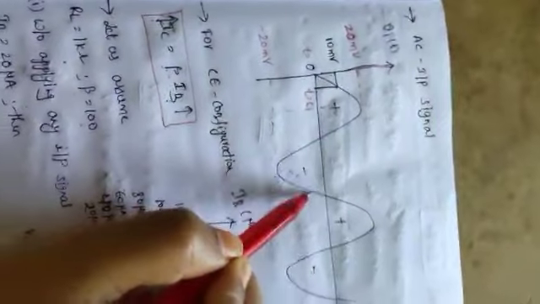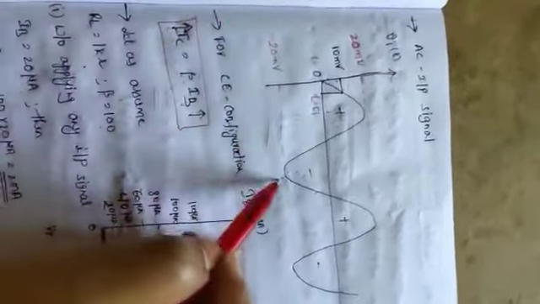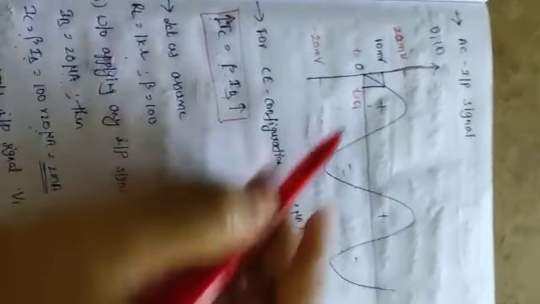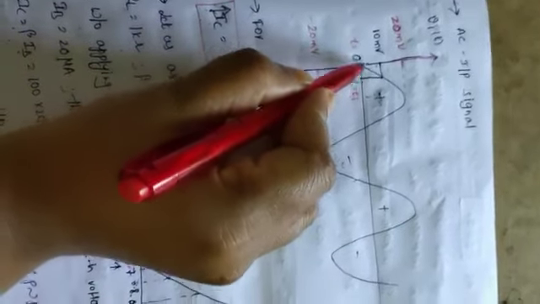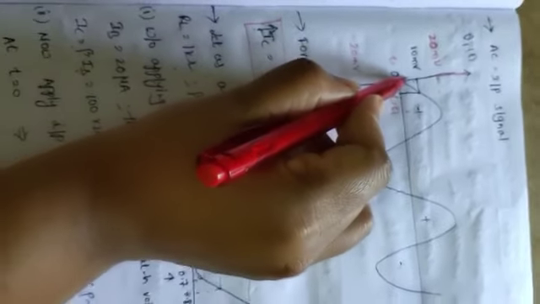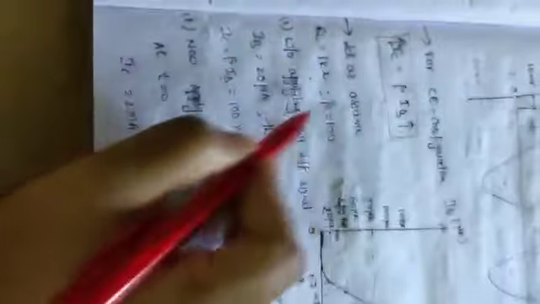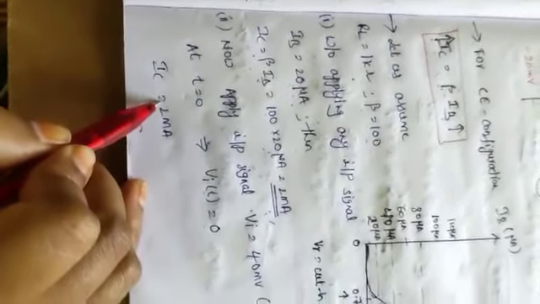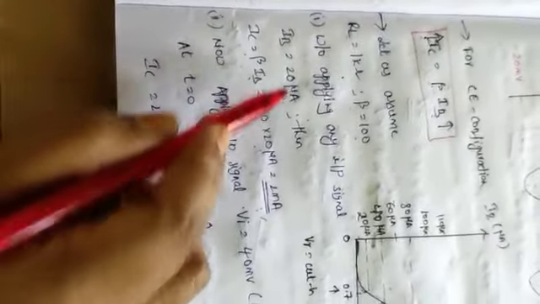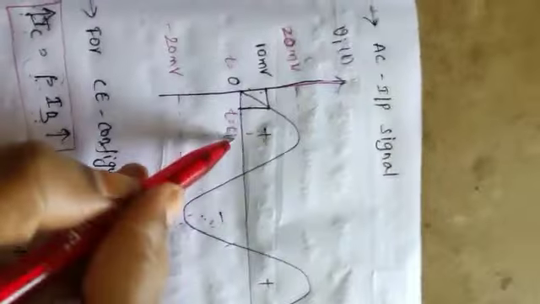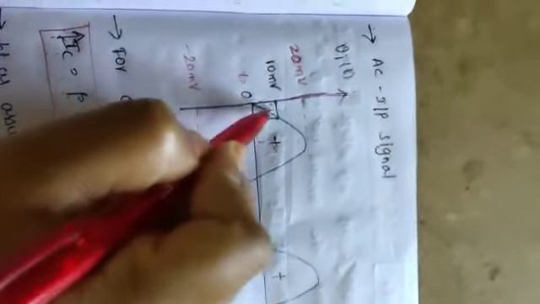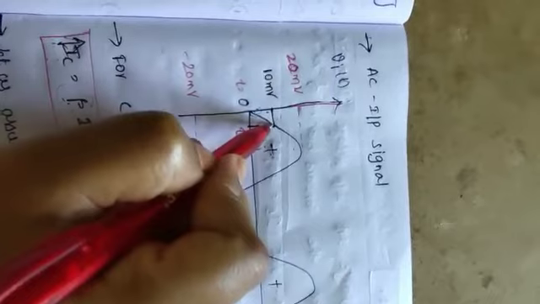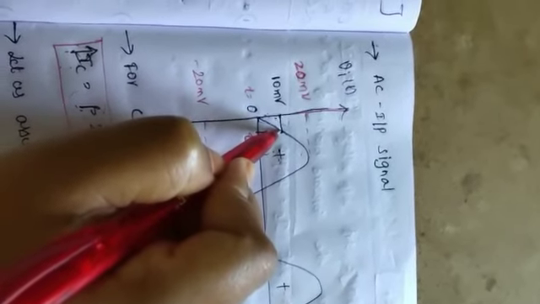Now apply this input signal to the base-emitter junction. Suppose at t equal to 0, the input voltage is also 0. So at t equal to 0, input voltage is 0, so IC will not change. IB is 20 microamperes, IC is also 2 milliamperes. Suppose at t equal to t1, the input voltage is increased to 10 millivolts.